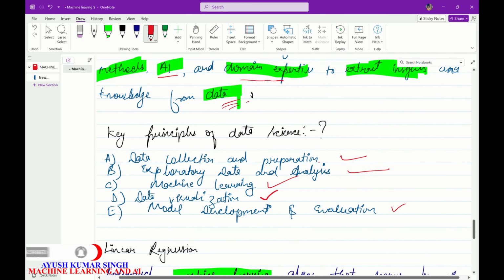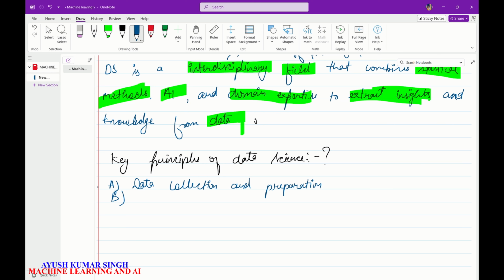Now, what are the key principles of data science? The first one may be data collection and preparation. Second one could be exploratory data analysis. Third one could be machine learning.